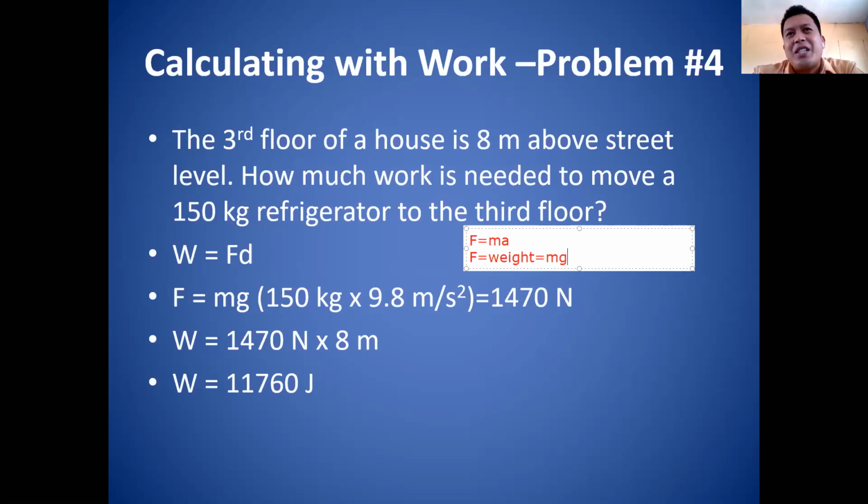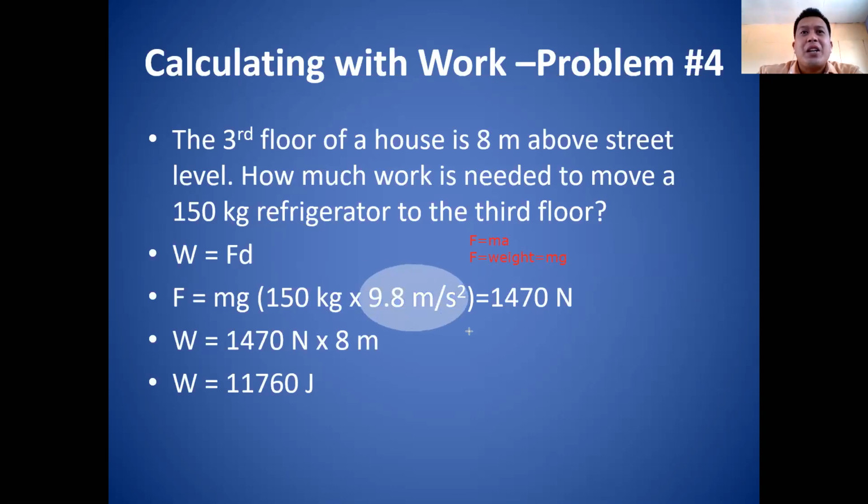The acceleration is now noted by g, and that g is the gravitational acceleration of a free-falling body. That is why we use 9.8 meters per second squared to signify the value of gravity. And then 150 kilograms for the mass of the refrigerator. Multiplying the two, you will get the force, which is 1,470 Newton.